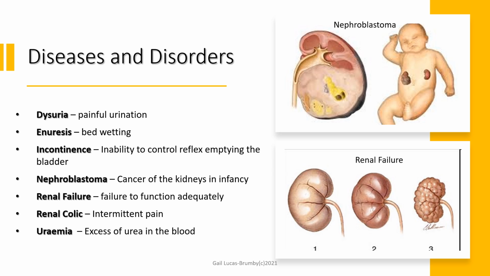Renal colic is the name given to intermittent pain that comes from the kidneys. Uremia is an excess of urea in the blood. You can see that the bottom right picture is a picture of what happens to the kidneys when they fail to work properly.